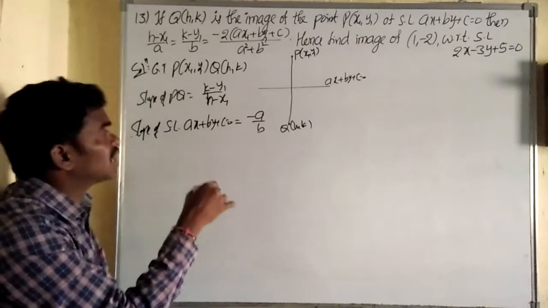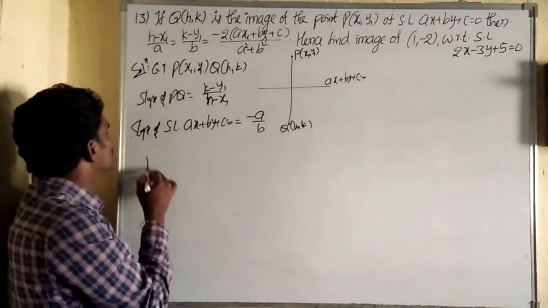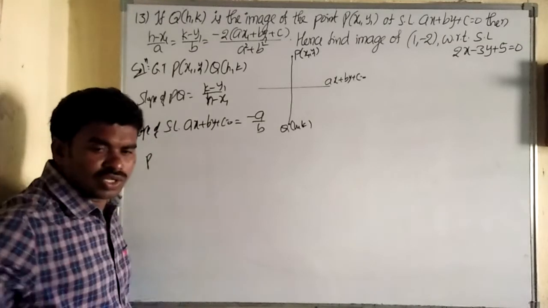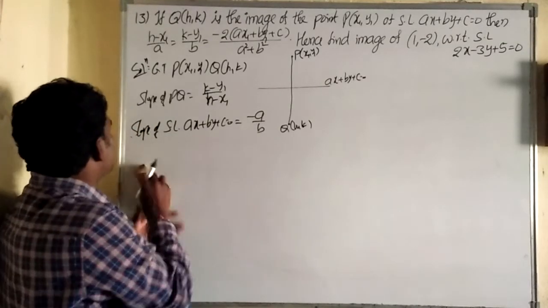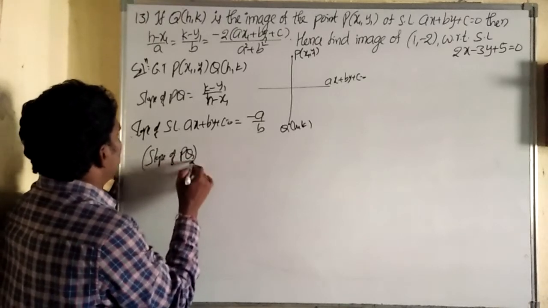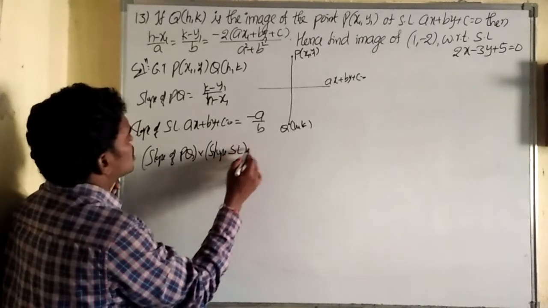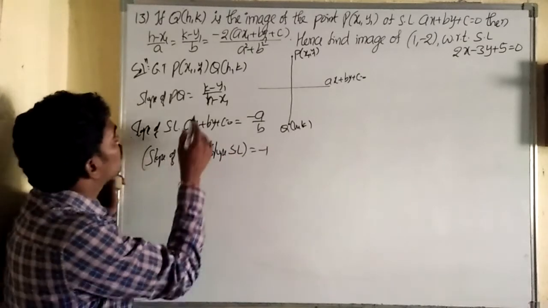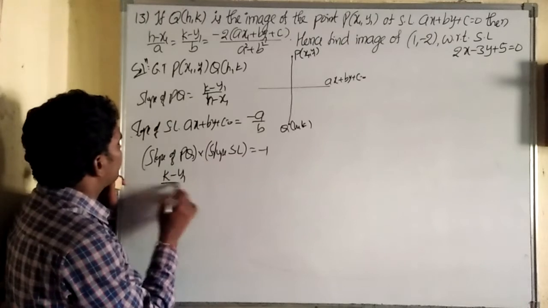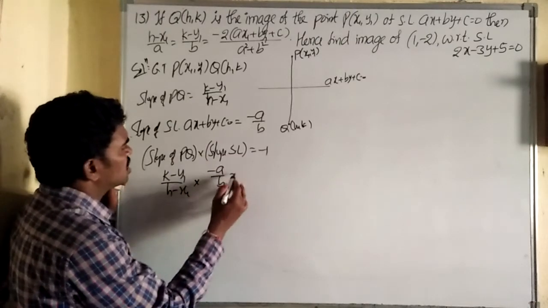So what is the condition? The product of the slopes is minus 1 because those two are perpendicular. So we can write slope of PQ into slope of the straight line is equal to minus 1. What is the slope of PQ? (k minus y1) by (h minus x1) into minus a by b is equal to minus 1.